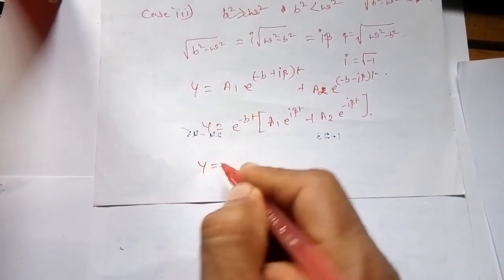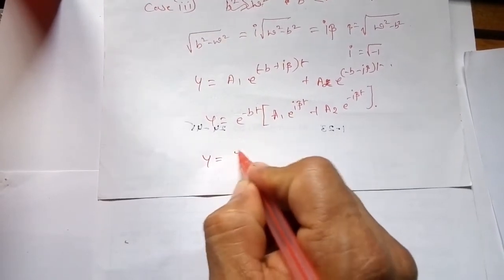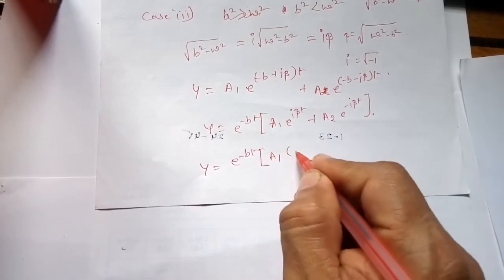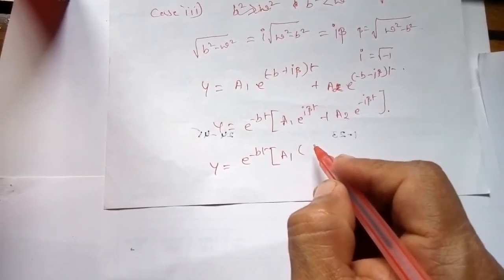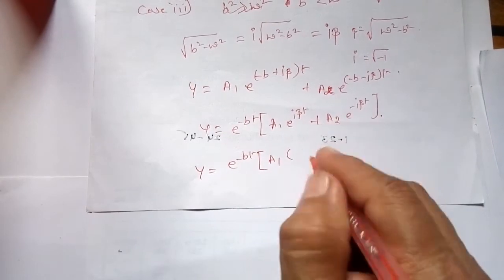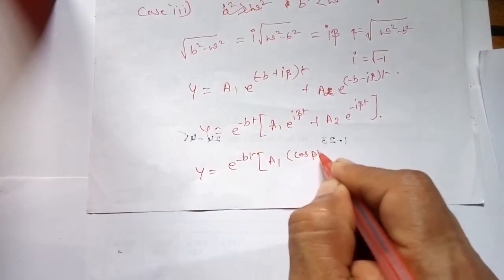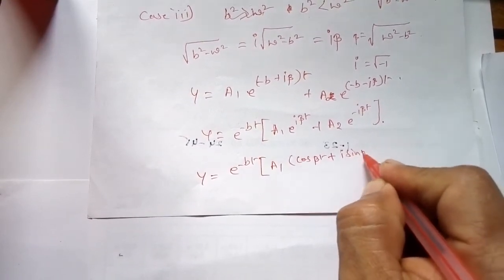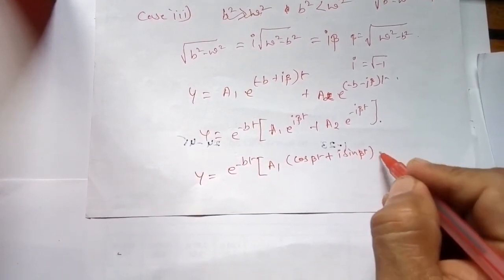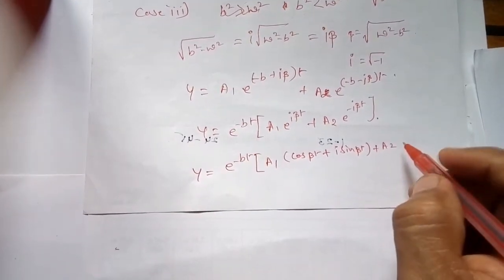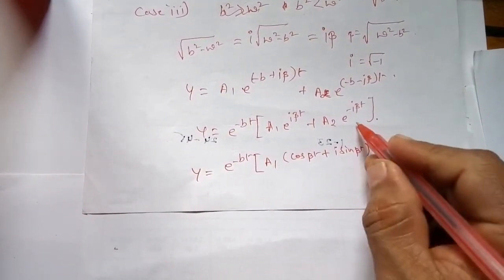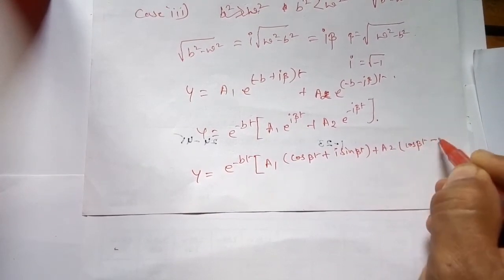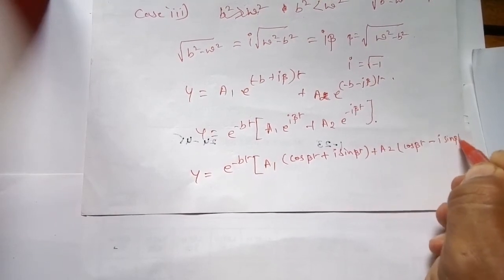So you can write y is equal to e to the power minus bt as such, a1 which is a constant, e to the power i beta t can be written as cos beta t plus i sin beta t, plus a2, e to the power minus i beta t can be written as cos beta t minus i sin beta t.